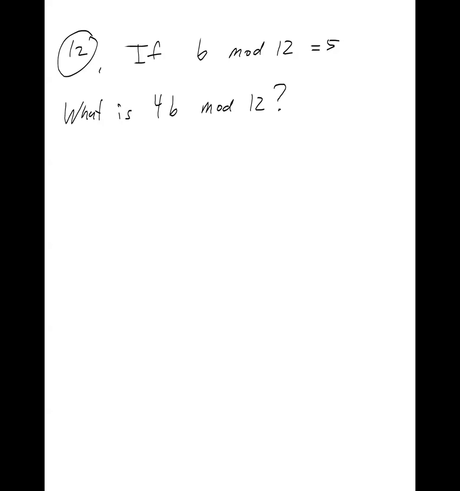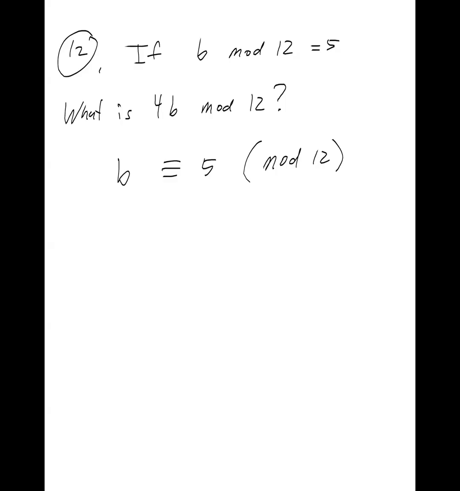What did we learn? b mod 12 equals 5 means what? How do I write that as a modular equation? That means that b is congruent to 5 mod 12. Remember? That's how you write it. And what property do you know about modular equations? What property do they have?